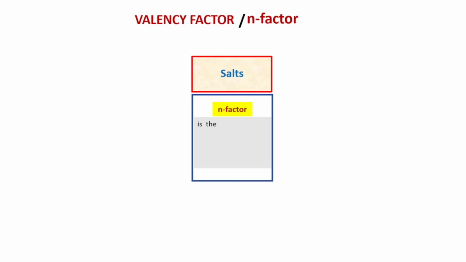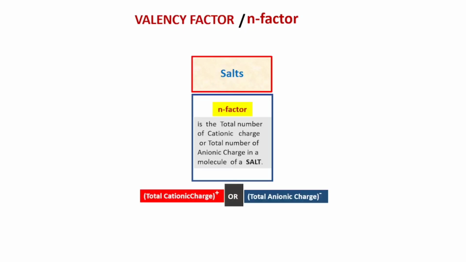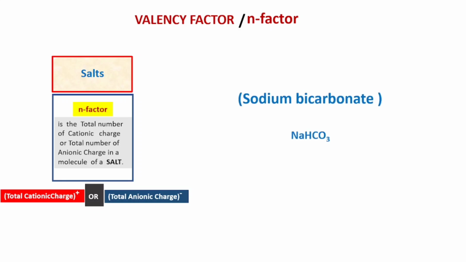To find the N factor of salts, we have to consider the total cationic charge or total anionic charge in a salt molecule. To explain, I have taken sodium bicarbonate as an example. A salt molecule is composed of a metallic cation and a non-metallic anion, and the cationic charge is balanced by the anionic charge to make the molecule neutral.